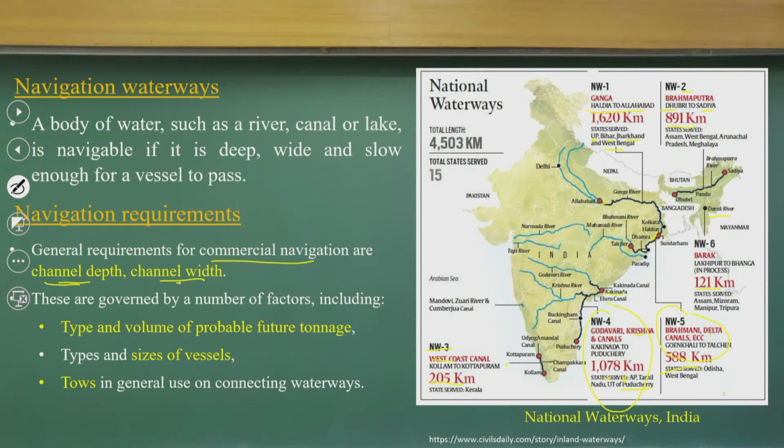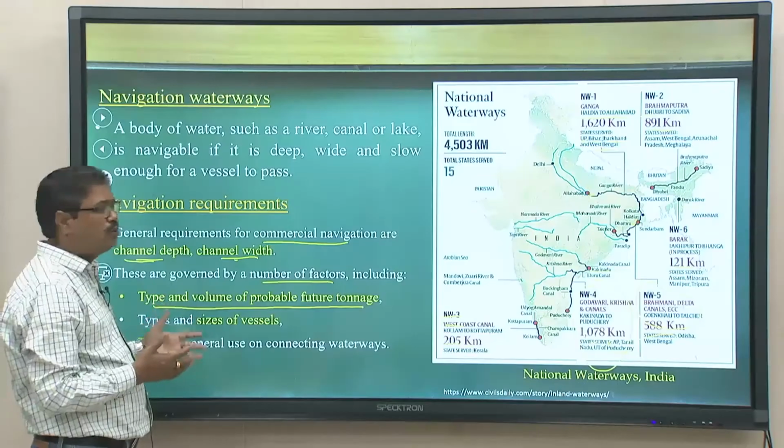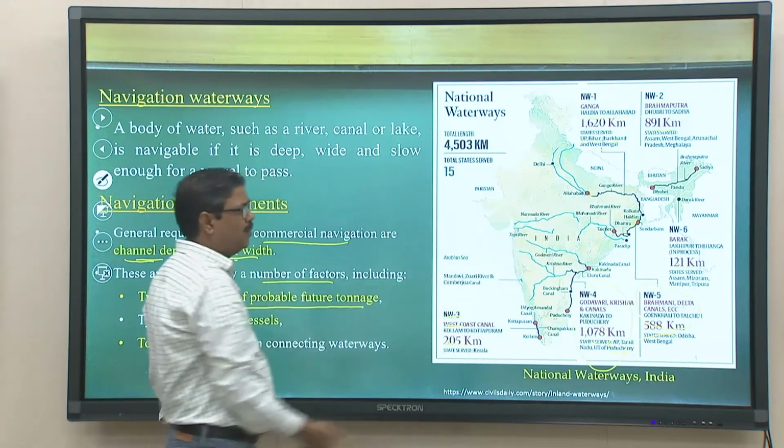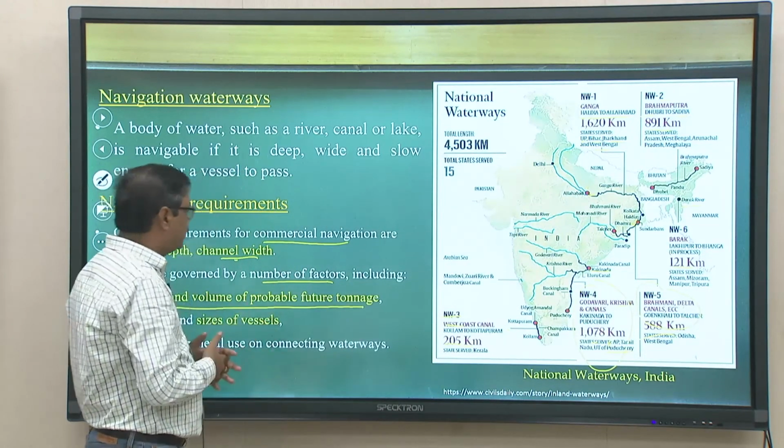What we look at also depends upon factors like the volume of tonnage, what goods are being carried from one point to another. It is just a transport process; we should know how much goods we need to carry from point A to point B and from B to A through national waterways.